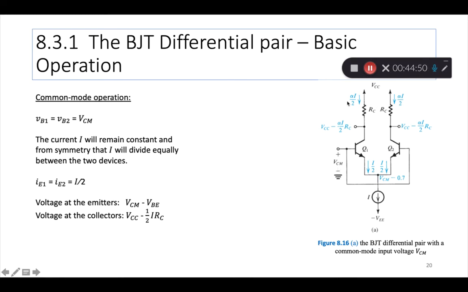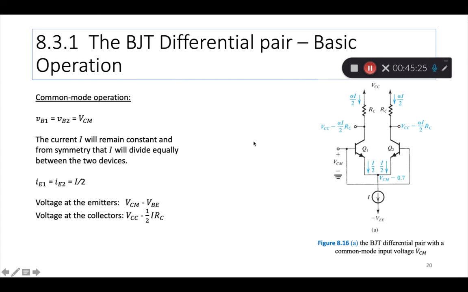And the remaining 0.01 amp, the 1%, is flowing in the base currents, the bases. Because we know that in a BJT, the emitter current equals the collector current plus the base current. While in a MOS device, because there is no gate current, we generally assume that the same current flows through the drain and the source. Here there's a slight difference.